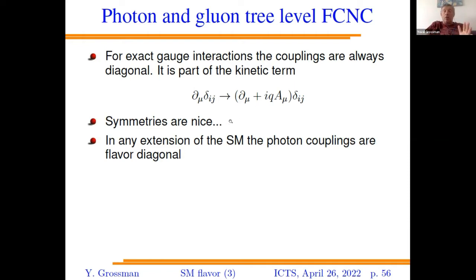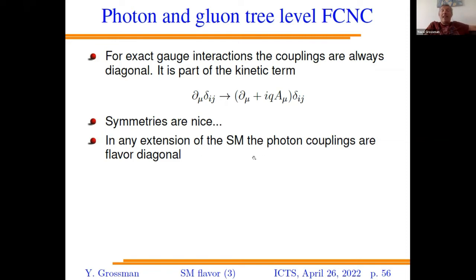Symmetries are nice. We already know it. Symmetries are extremely important in physics, right? It is the gauge symmetry that guarantees that the photon and the gluon, or in any model that you construct that has an exact unbroken gauge symmetry, the gauge boson of the unbroken symmetry must be universal, okay?